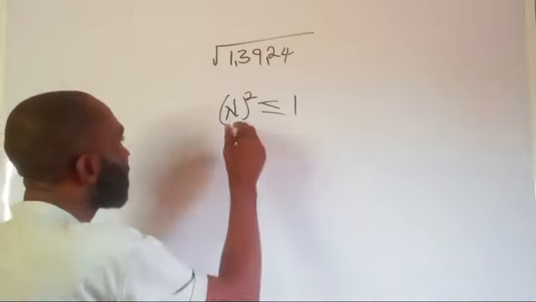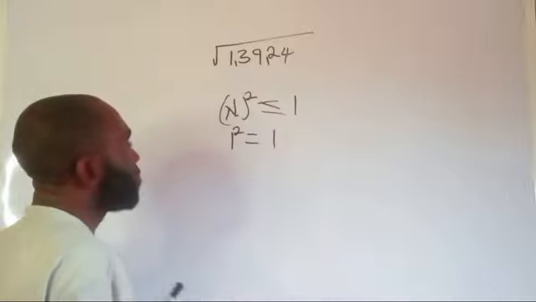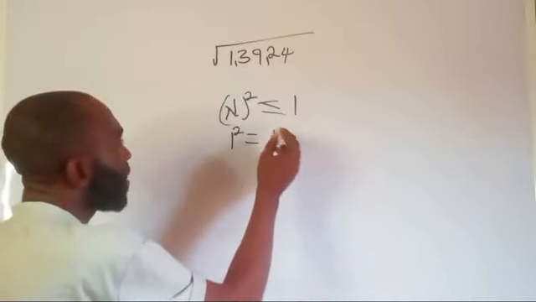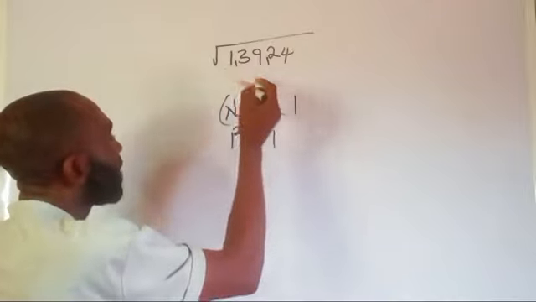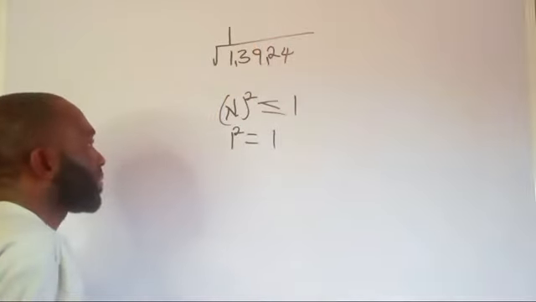So that particular number is 1 itself. When you square 1, it's going to give you 1. Once you know that number, go and write it up as your first answer.